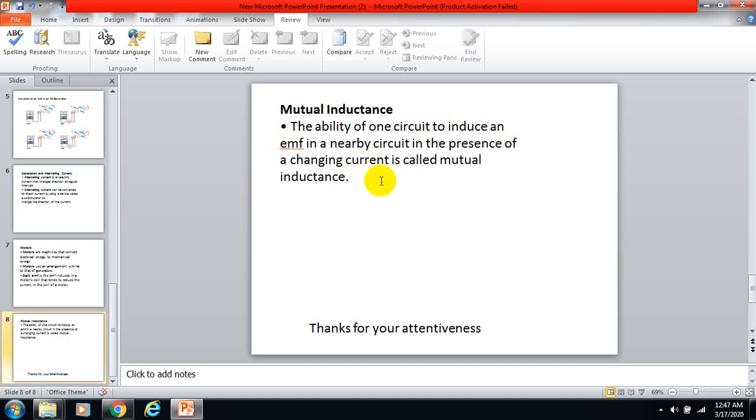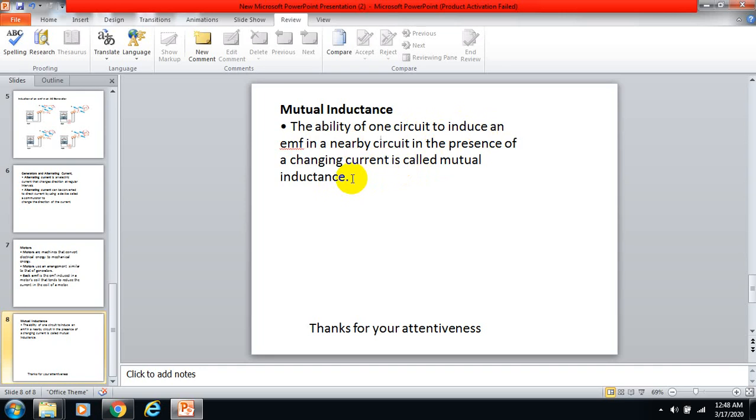Of course, it is the current which allows one circuit to imply its effect on the other. So we call them what? Mutual inductance. Look at the general definition: the ability of one circuit to induce an EMF in a nearby circuit in the presence of a changing current is called mutual inductance.